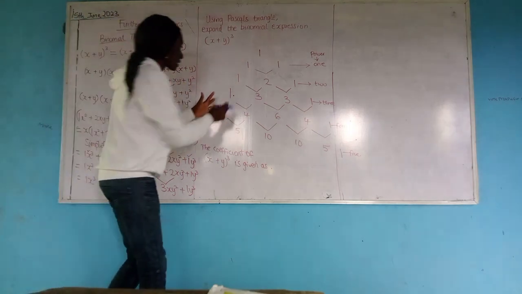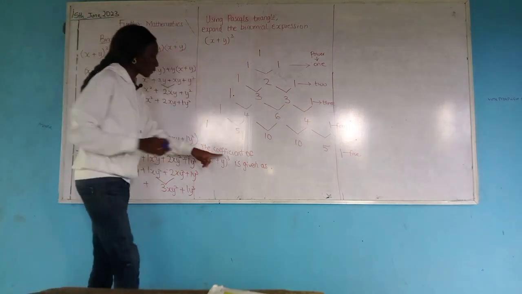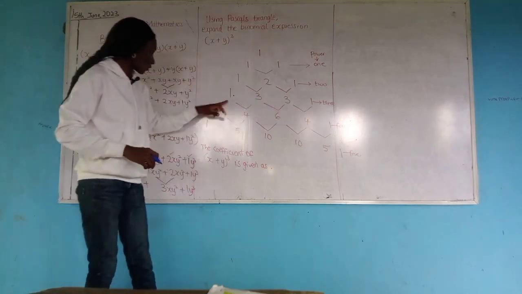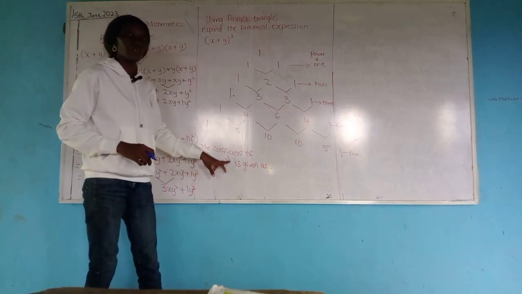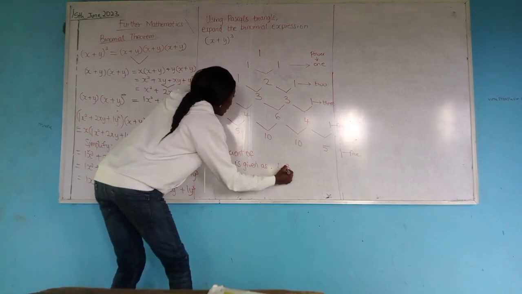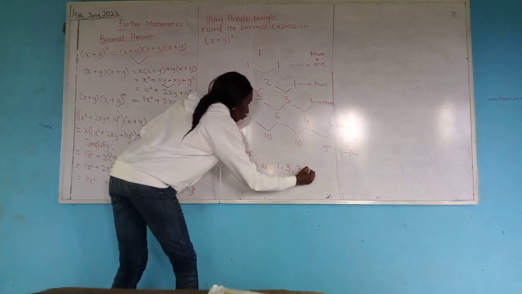So these are the coefficients that are actually represented. You can see that the power of 3 is at this level. So the coefficients of x plus y raised to the power 3 are going to be taken from 1, 3, 3, and 1 respectively.